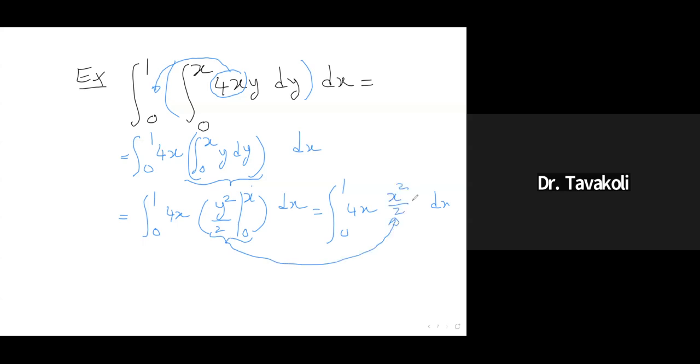over 2. So when I evaluate y squared over 2 at x, it means replace y by x, which gives me x squared over 2, minus the evaluation at 0, which is 0 squared over 2, is 0. Okay, here 4 over 2 is 2, and that 2 can be pulled out of the integral. X times x squared is x cubed.